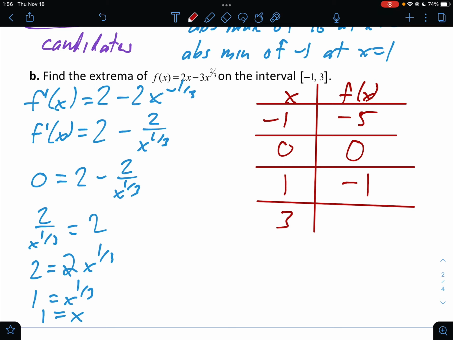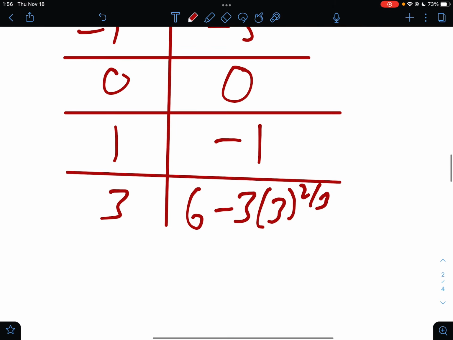And then 3 gives us 6 minus 3 times 3 to the 2/3. Okay, 3 to the 2/3, so if we simplify that, that would be 6 minus 3 times, 3 squared would be 9, so that would be the third root of 9.